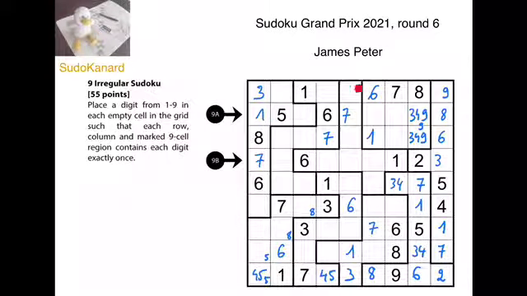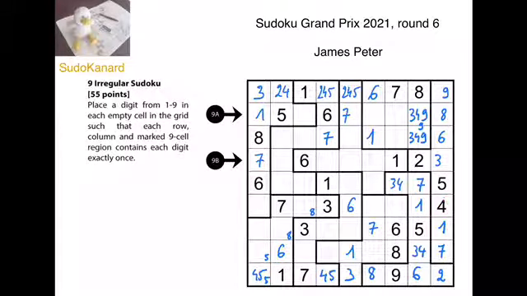We still need 2, 4, and 5 here. This one has to be 2 or 4. And I'm not seeing anything else. These three cells need a 2, a 4, and a 9.